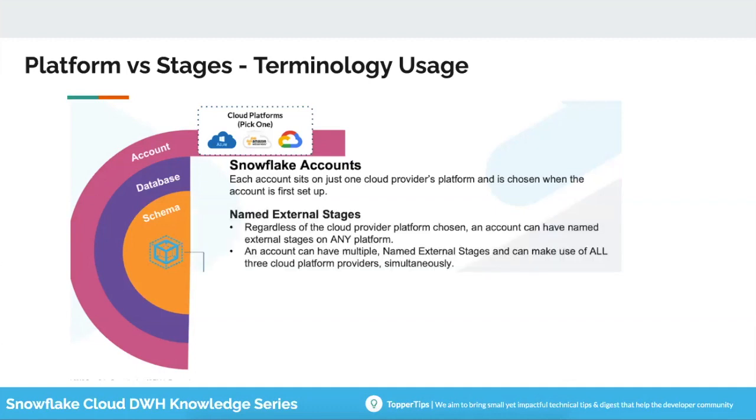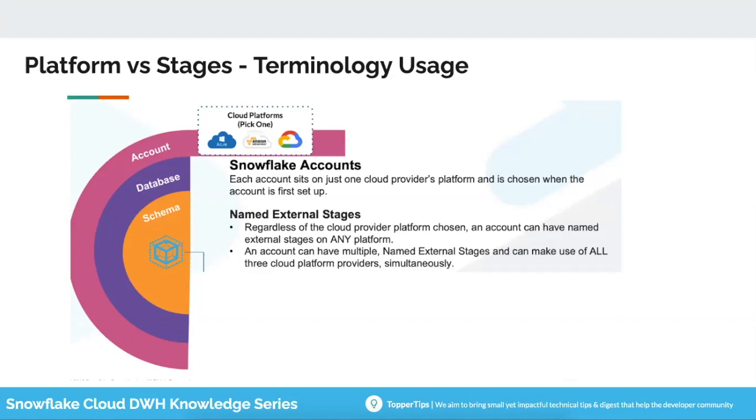Next are named external stages. When I say external stages, it could be S3, ADLS Gen2, or a GCP bucket. Regardless of the cloud provider platform chosen, an account can have named external stages on any platform. Very important statement, and you have to be really careful while attempting these questions. They will try to confuse you: I have a Snowflake account hosted on Azure, can I connect to an S3 bucket?